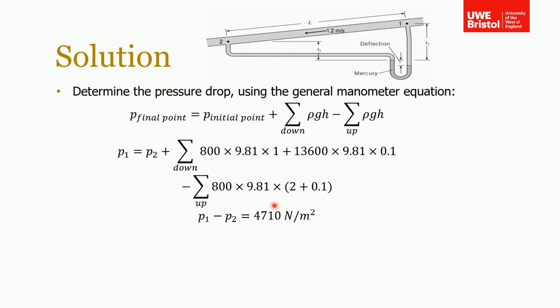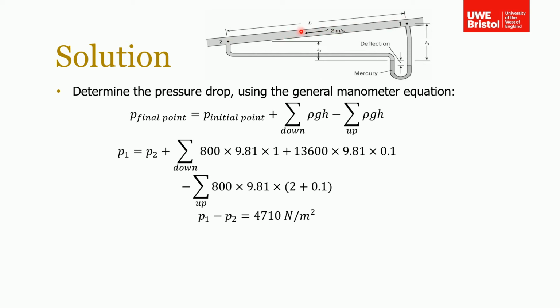And if we work all that out, we can find that the pressure difference between point 1 and point 2 is 4,710. Just a little tip, when you're doing this, you can tell whether you've done this the right way round, because the pressure at 1 should be higher than the pressure at 2, and you know this because you know the flow direction.